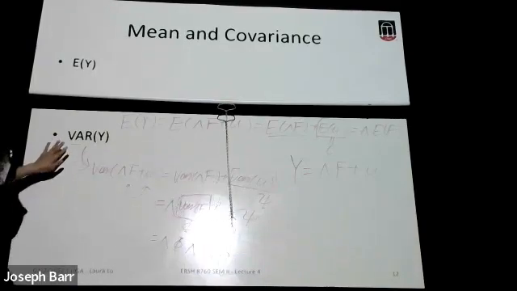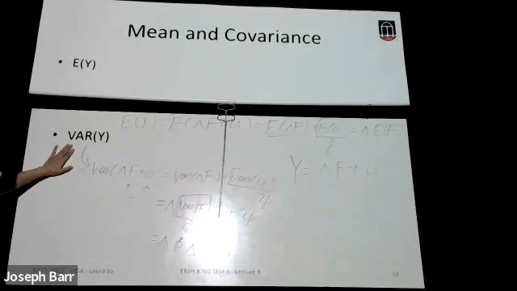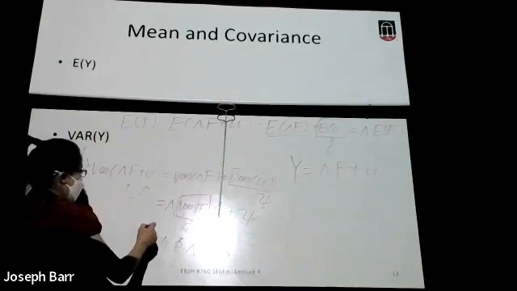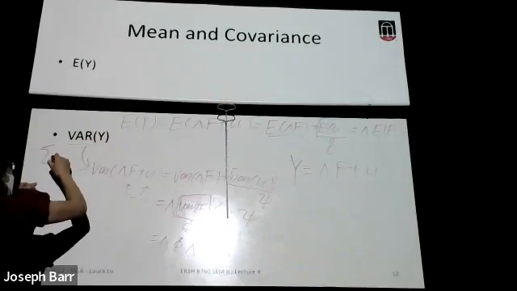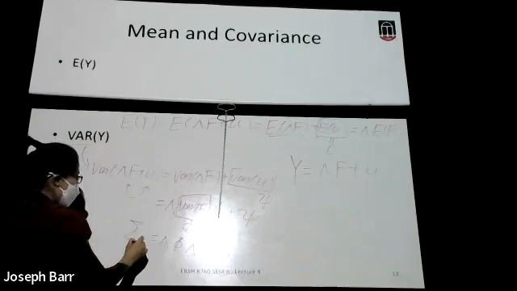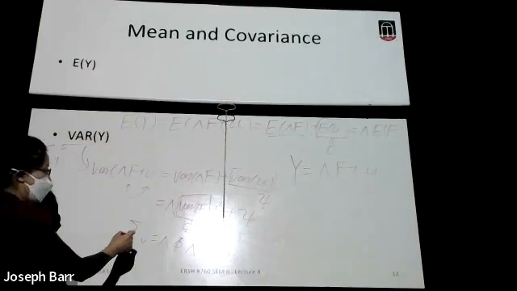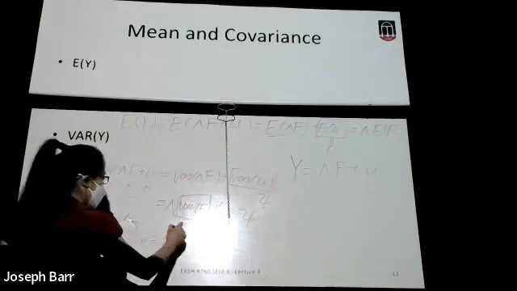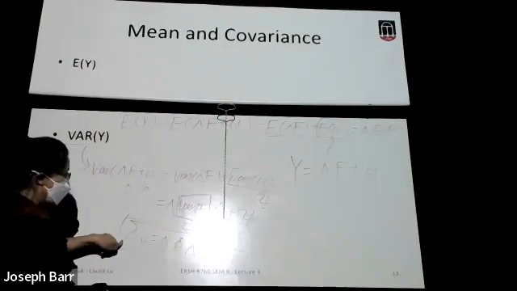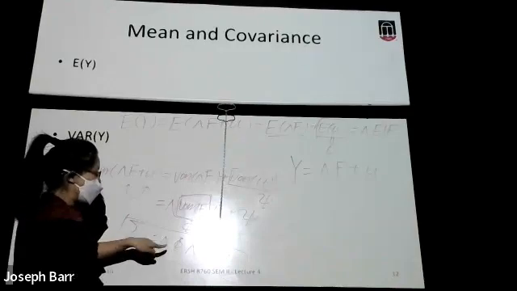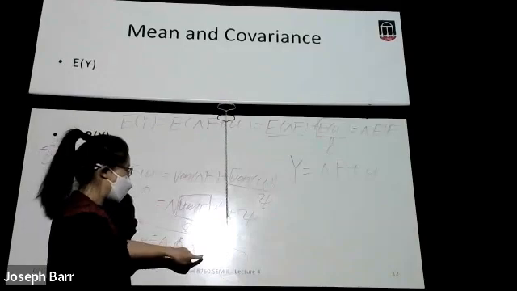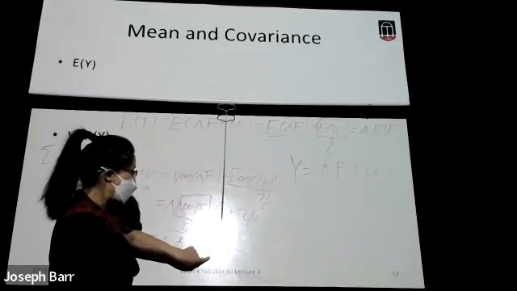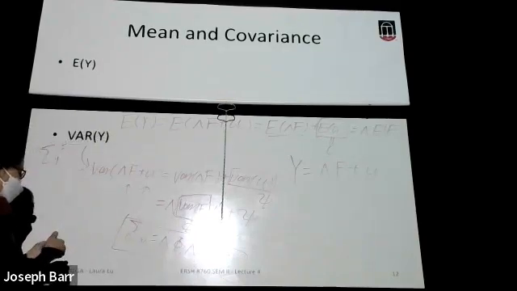That's the covariance matrix of Y. We use capital sigma to show it. So this is the equation for the factor model. The covariance matrix of Y is lambda times the covariance matrix of the common factors times the transpose of the factor loadings, plus the covariance matrix of the unique factors.